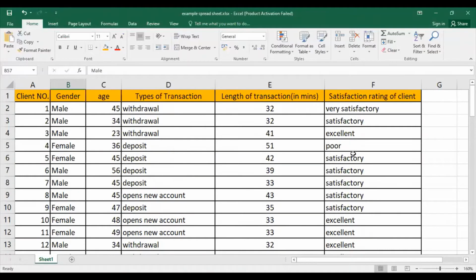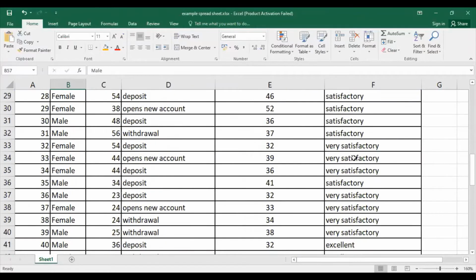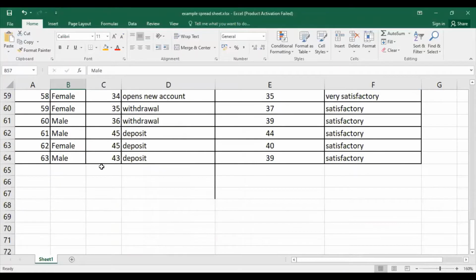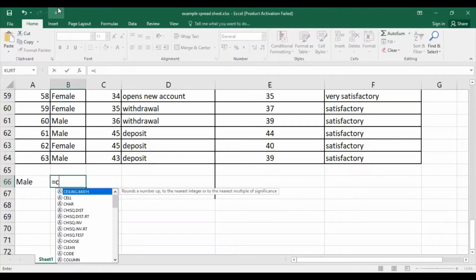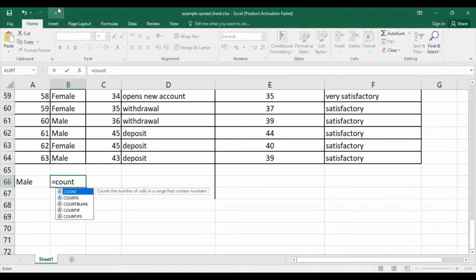Okay. So let us see. Using our Countif, first we have to identify which criterion shall we make use of. So we have our male here. So we're going to use male as our criterion. So equals Countif, and then the range.